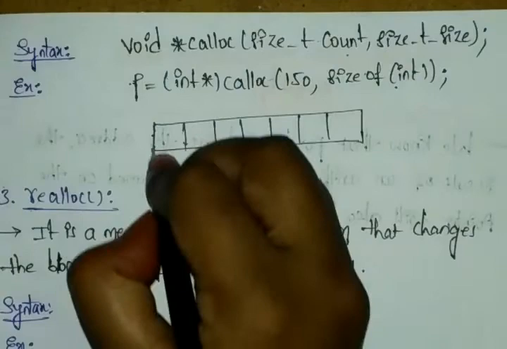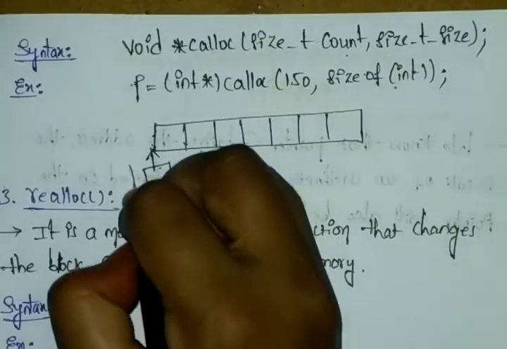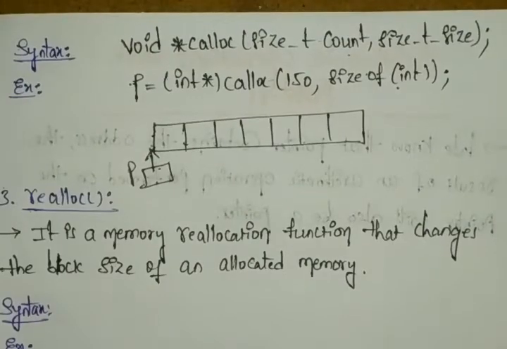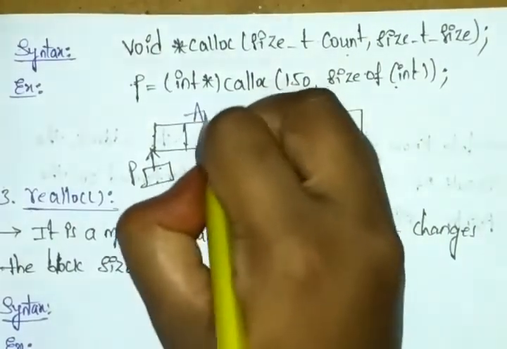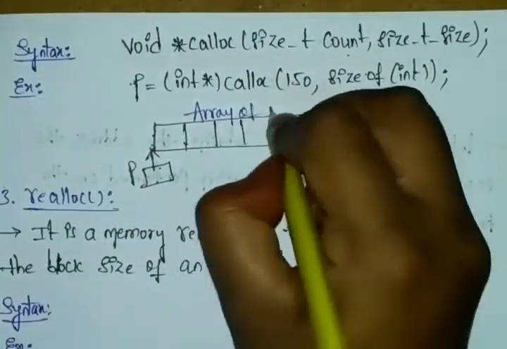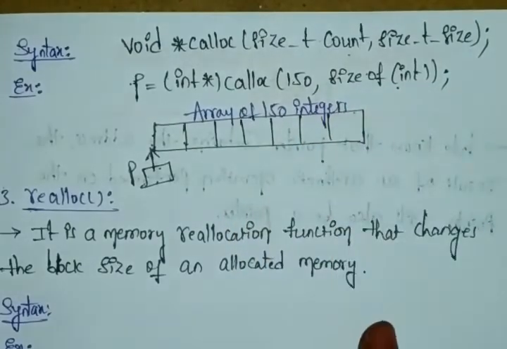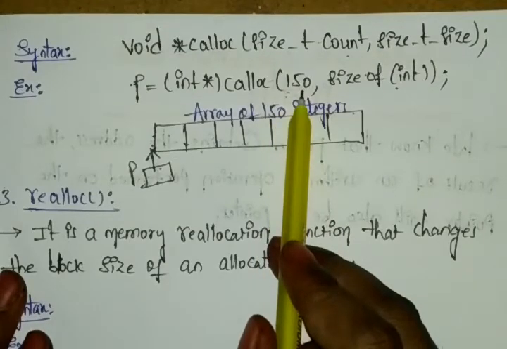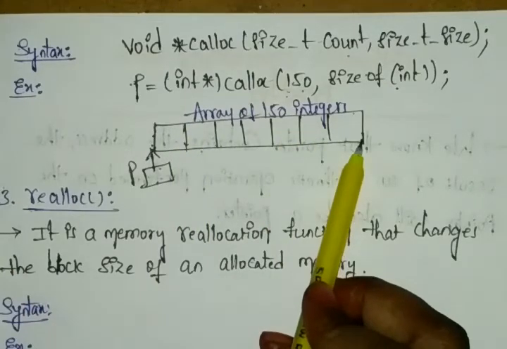Okay, let's see. Here it will have the pointer, right? The pointer is defined with the first byte of the memory, the first byte of the first integer in our array. And these boxes will be the total array of 150 integers. By this example I am defining the array of 150 integers.